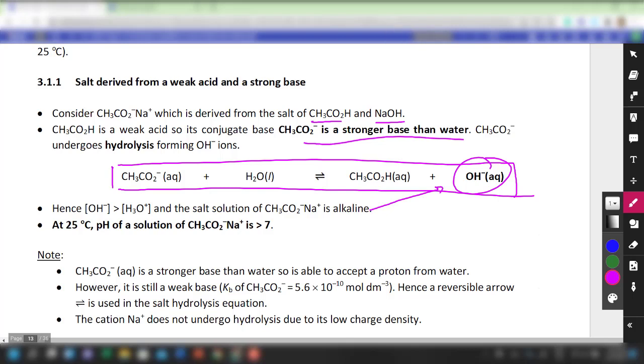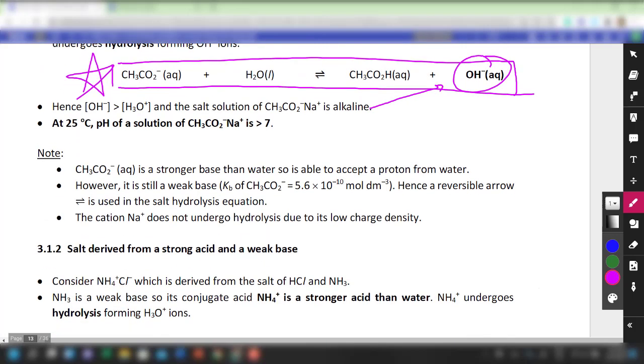This small amount of excess OH minus will result in the alkalinity of the solution. So even when you perform an acid-base titration with sodium hydroxide and ethanoic acid, although the ethanoic acid may be completely neutralized, the final solution is still alkaline. The alkaline nature of the solution is due to the fact that ethanoate undergoes partial hydrolysis in water, given by this equation, producing a surplus amount of OH minus.